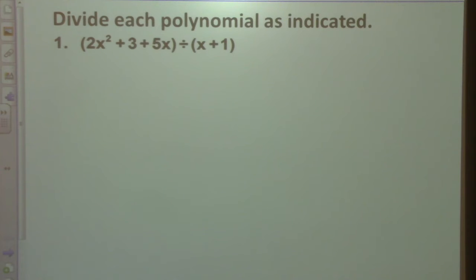Well, the two things we've talked about last year, we talked about polynomial long division, and we're going to do that probably with this problem. And we talked about another type of division, starts with S. So who remembered that? Justin. Good job, Justin. Synthetic division.